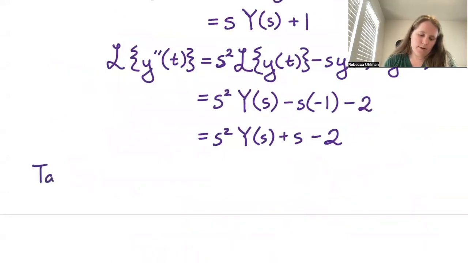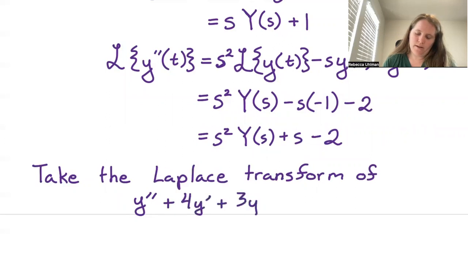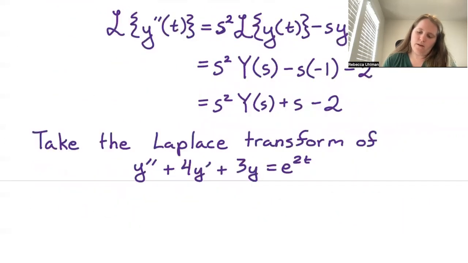So let's take the Laplace transform of y double prime plus 4y prime plus 3y equals e to the 2t. Let me make sure I copied that correctly. With y of 0 is -1 and y prime of 0 is 2.